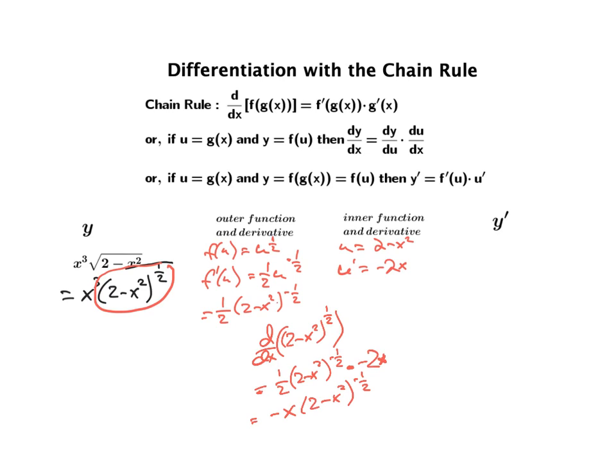And finally, we're going to put all this together using the product rule. So we're going to take the first factor, x to the third, multiply that by the derivative of the second factor. Well, we found that here.